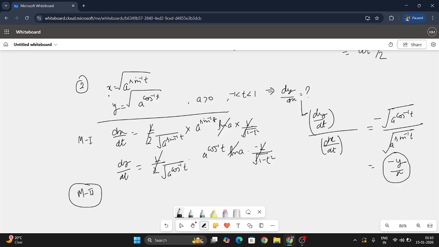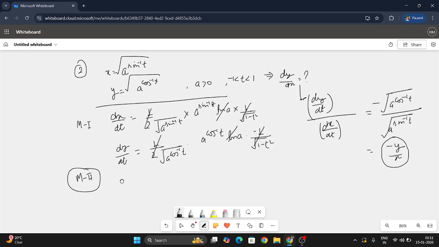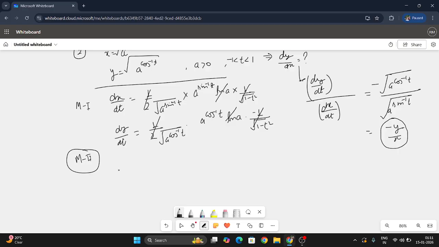Let's multiply these two, and when you multiply, you will get x into y is equal to a to the power sine inverse t, root of that, multiplied by a to the power cos inverse t, root of that.